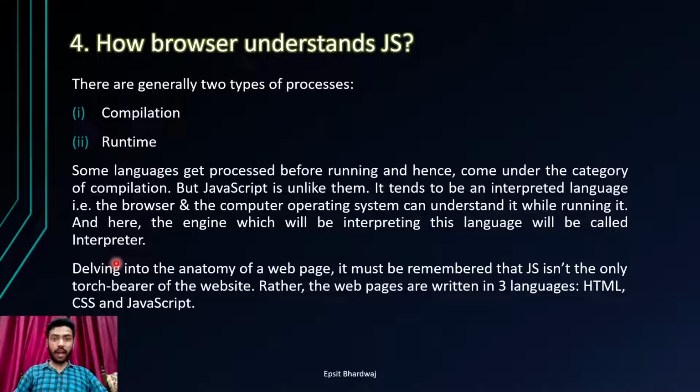Now, delving into the anatomy of a web page, it must be remembered that JavaScript is not the only ruler of the web page, but rather web pages are written in three basic languages on the front side: hypertext markup language or HTML, cascading style sheets or CSS, and the last but not the least, JS or JavaScript.